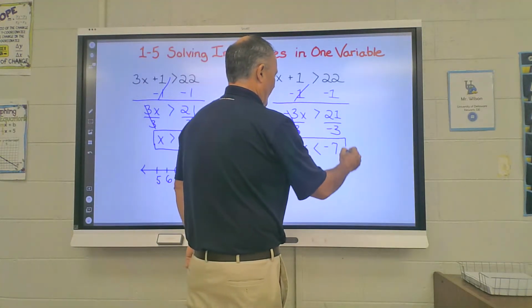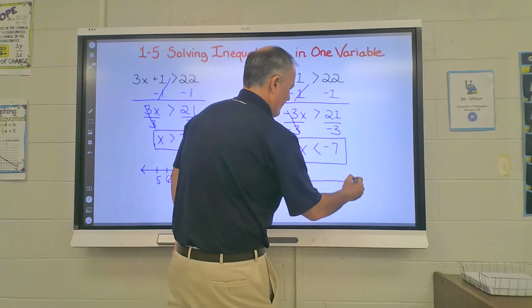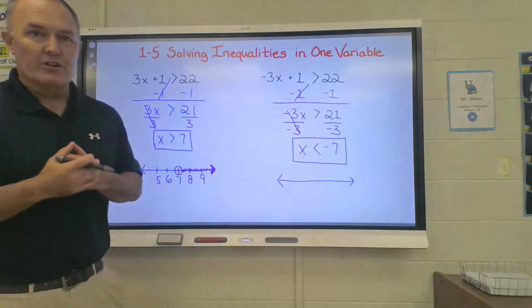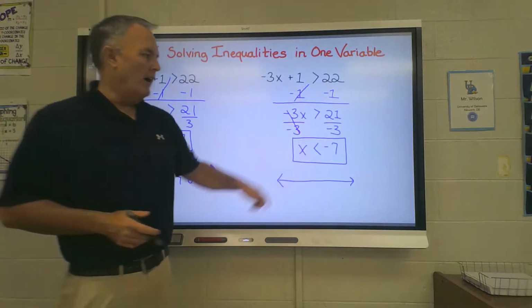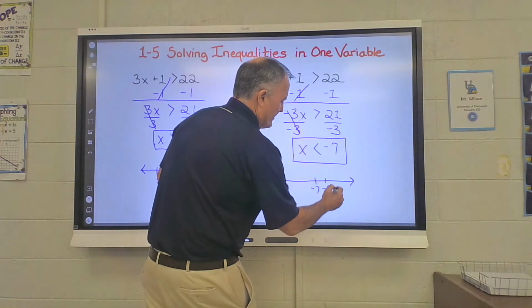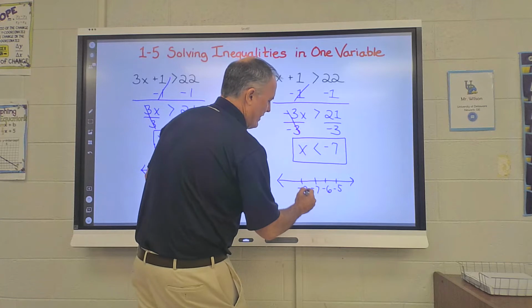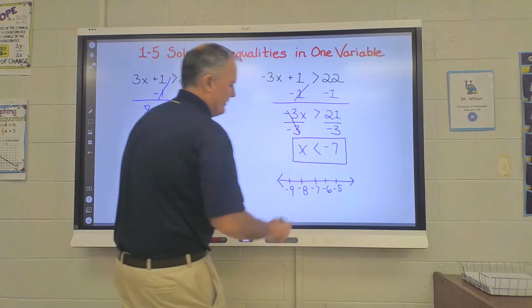And if we're asked to graph it, which you will be in my class for the first few inequalities, I'll put negative 7 in the middle now. There's negative 6, negative 5, negative 8, negative 9.